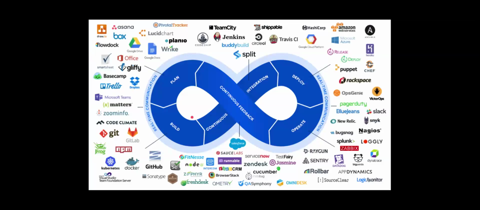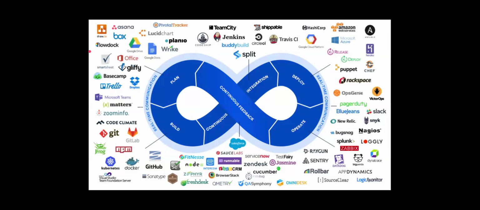Now here you can see for the planning phase we have Office, Basecamp, Dropbox, Google Docs, Flowdock, all those things. Now for the build phase we have Kubernetes, Docker. You can see a lot of tools are there.